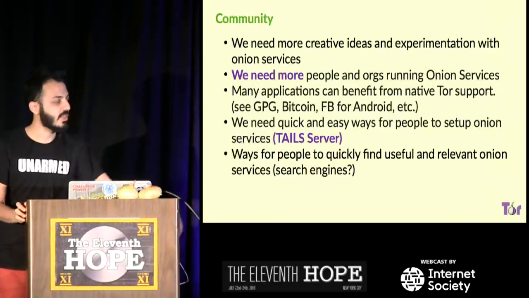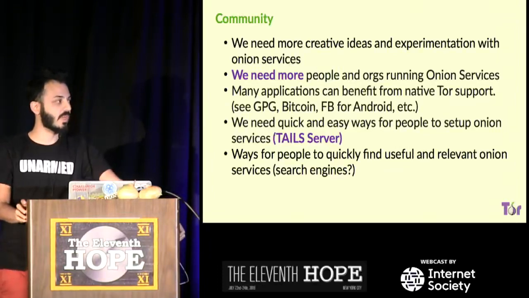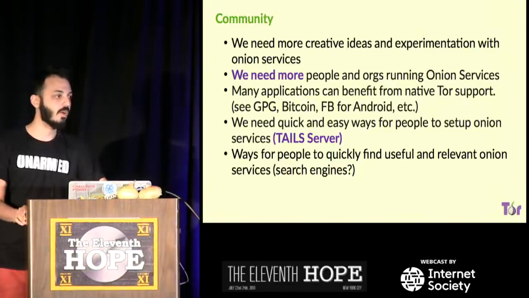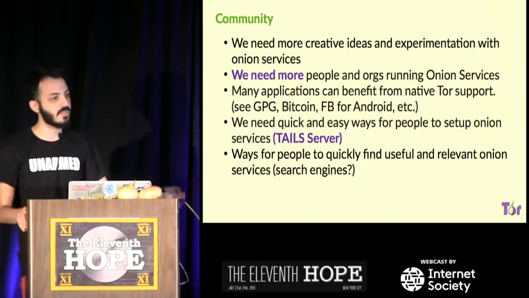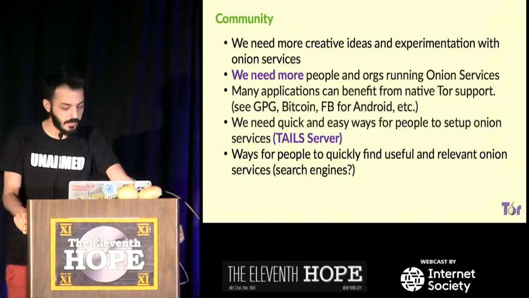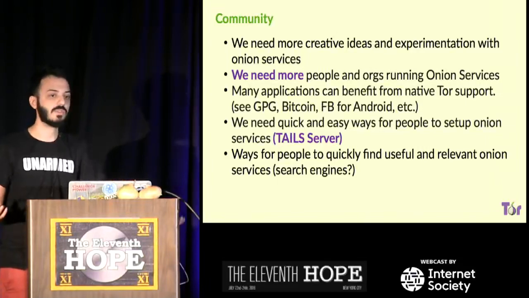There is a Google Summer of Code project happening at Tor right now where one of the students is working on Tails server, which has similar ideas, but it's always better to have different approaches for different threat models and different situations.